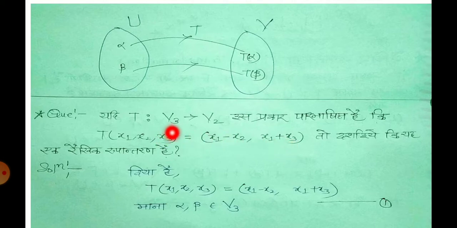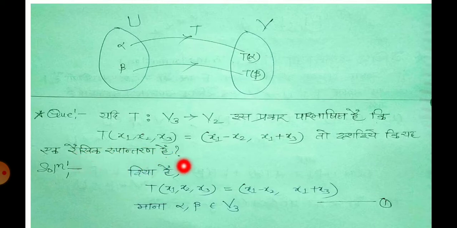V3 means a collection of three tuples, so the element where T will be applied is in the form of a three tuple x1, x2 and x3, and V2 is a collection of two tuples, so here we get a two tuple: x1 minus x2 as the first element and x1 plus x3 as the second element. So T from V3 to V2 is defined by this, and show that this is a linear transformation.